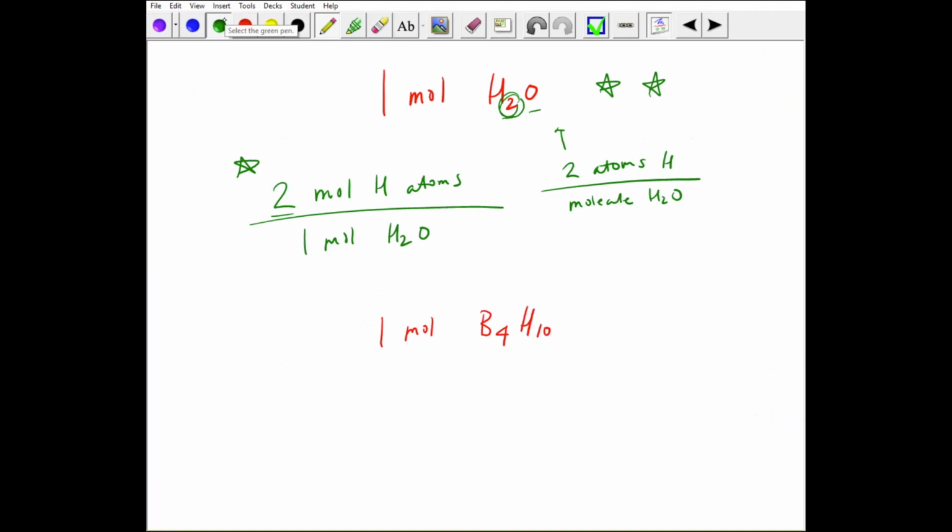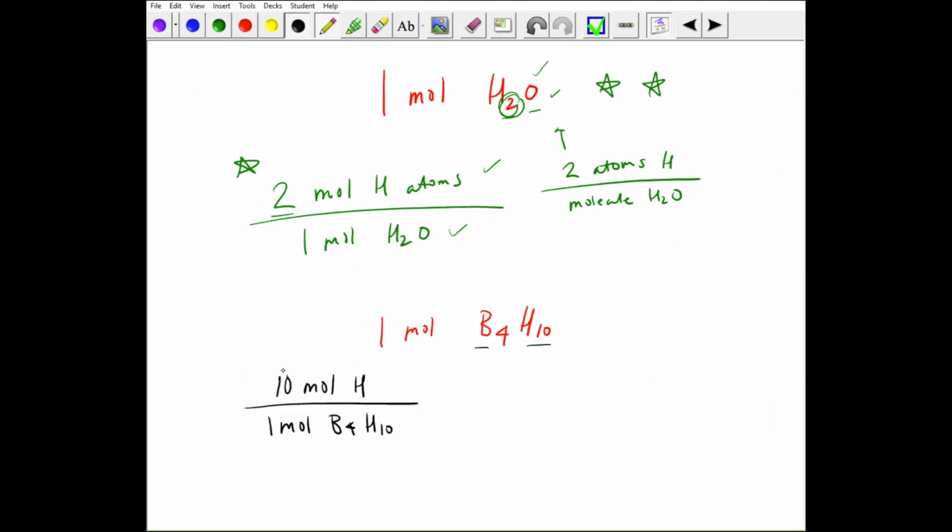We saw this for water. For 1 mole of water, that's 2 moles of hydrogen per 1 mole of water. It would be 1 mole of oxygen, also per 1 mole of water. Here we're working with an even more complex molecule, but that's okay. We know how to write this out.